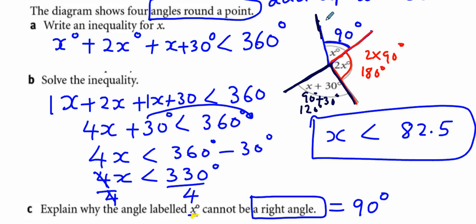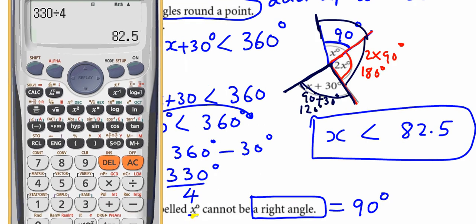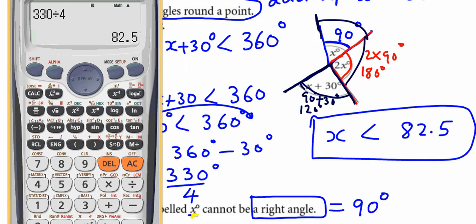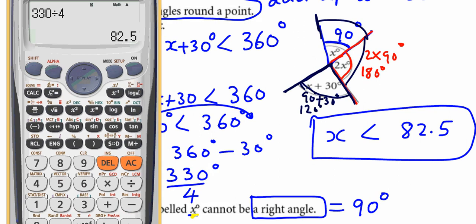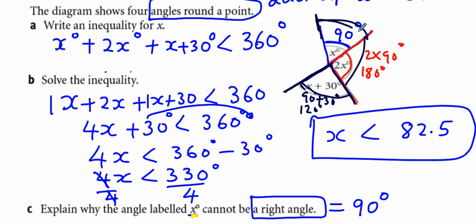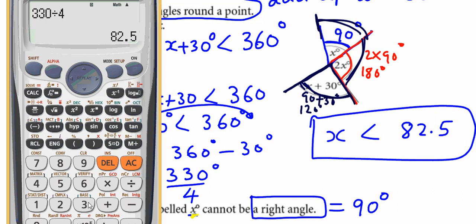If you take 90 plus 180 plus 120, you'll be getting something higher than 360. So 90 plus 180 plus 120, the result is 390 degrees.